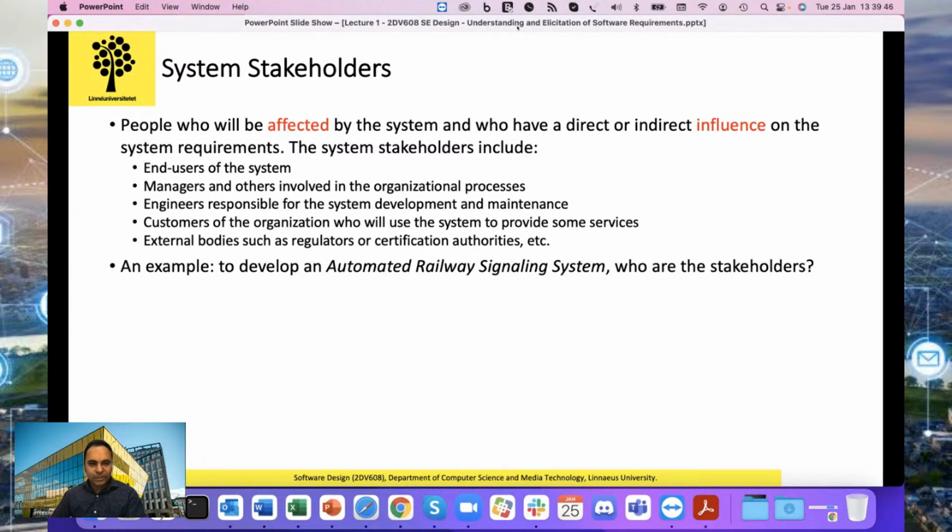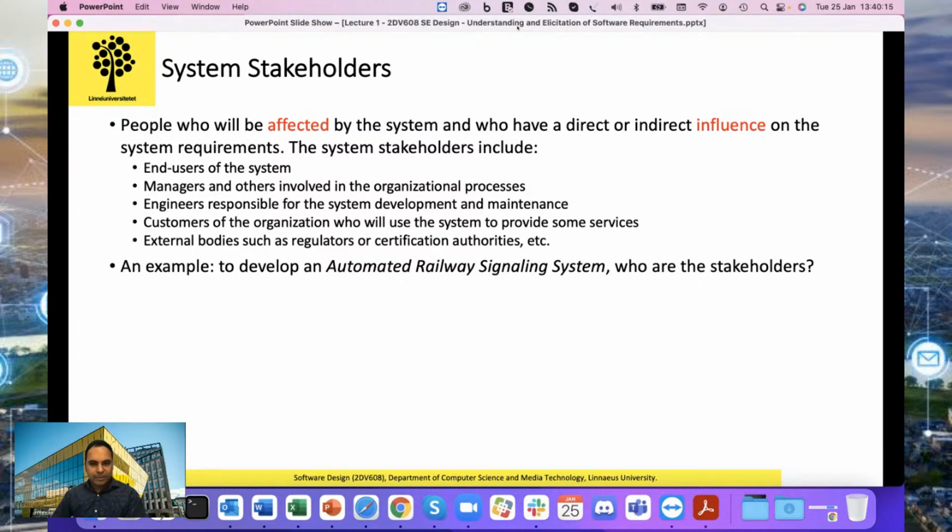It can also be the customers of the organization who will use the system. And there are also other external bodies or stakeholders, for example, who are regulating the system. It can be government, it can be local government, it can be any safety or security authorities that provide you safety certificates and so on.